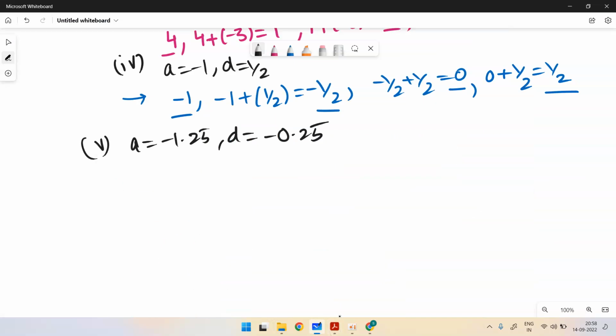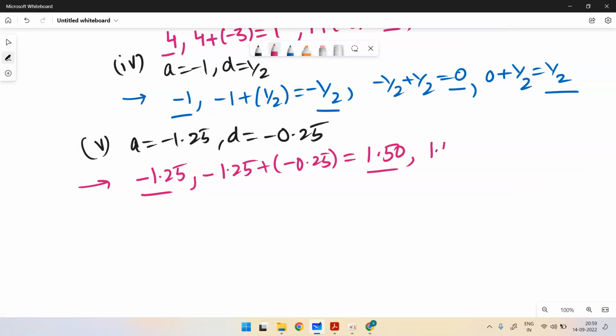Minus 0.25. So the next term: the first term is minus 1 plus 0.25, because A is the first term. Next term will be minus 1.25 plus minus 0.25, which is minus 1.50.